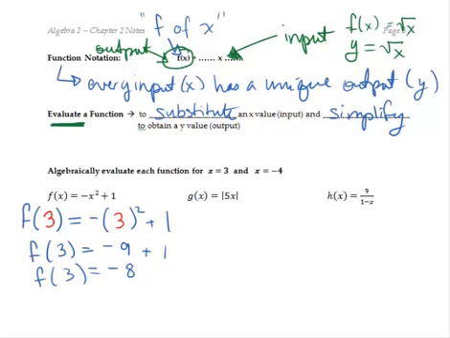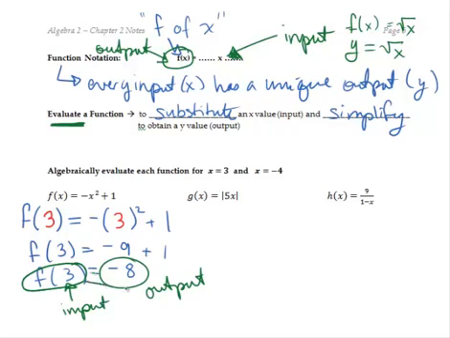Now, remember, this was what you input, right? You put in a 3 to the function, and the output, what you got out, was negative 8. So this whole thing is your output. The output is equal to negative 8 when you input a 3.